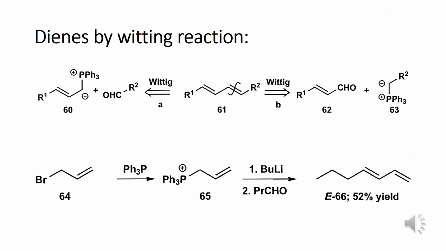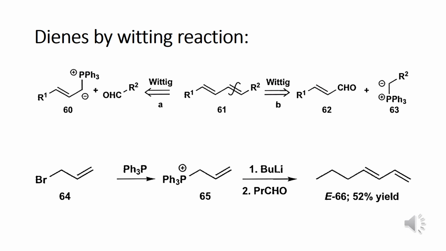Now the last point, that is dienes by Wittig reaction. In this, the conjugated dienes are needed for the Diels-Alder reaction, and Wittig disconnection of structure 61 reveals that the choice here is more important.